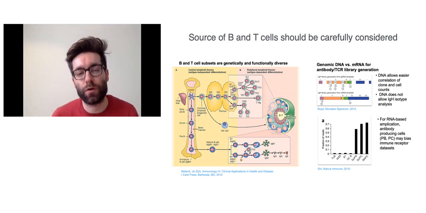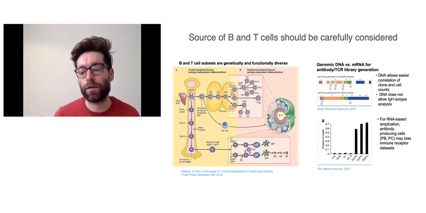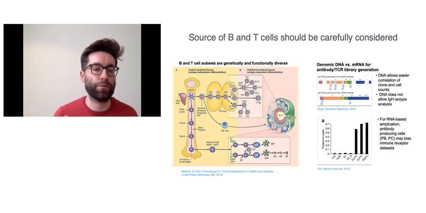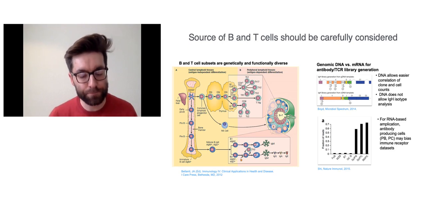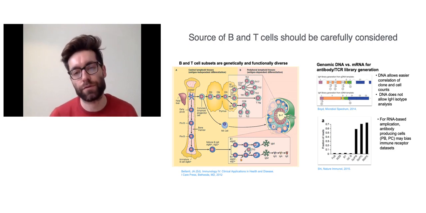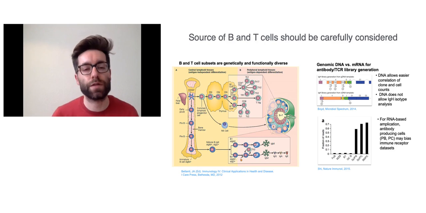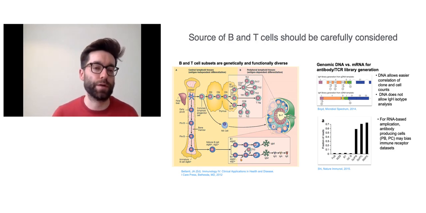Most of the studies only look at PBMC, so a mixture of many of these cell types, and sometimes it's very difficult to pinpoint one specific cell type for a specific phenomenon. So it's mostly a good idea to focus on specific cell types, but that of course depends on the research question. Of course, focusing on specific cell types also makes your analysis much more expensive and much more high dimensional.